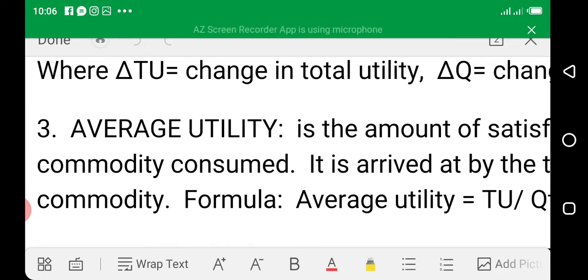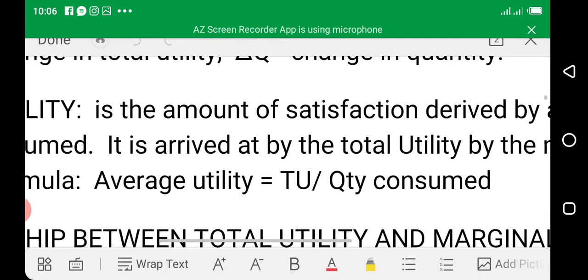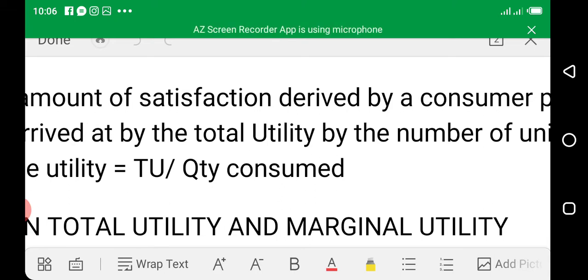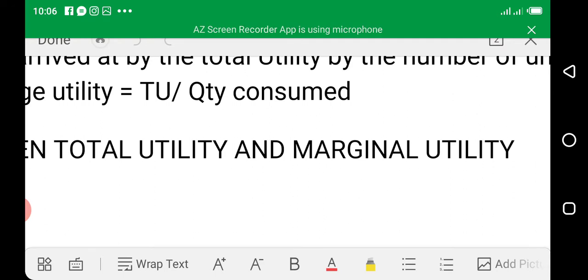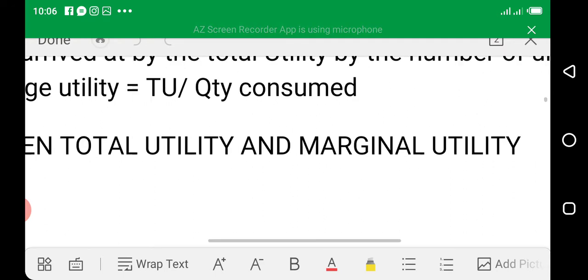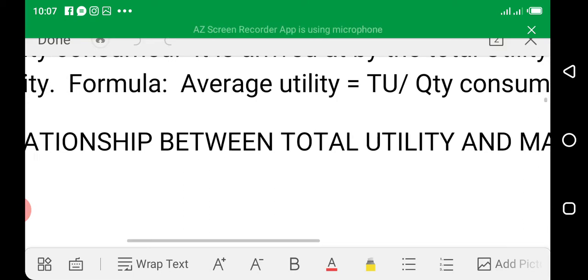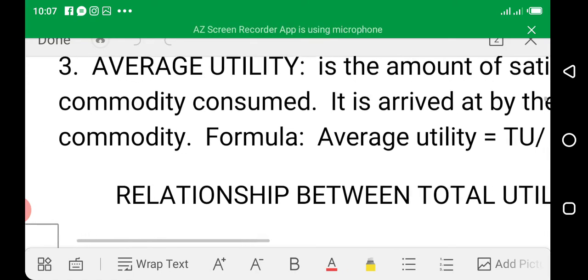Average utility now. Average utility is the amount of satisfaction derived by a consumer per unit, unlike total utility that combines all the products together. Average utility here is treating each product separately as a unit. So the amount of satisfaction derived by a consumer per unit of a commodity consumed is what we refer to as average utility.